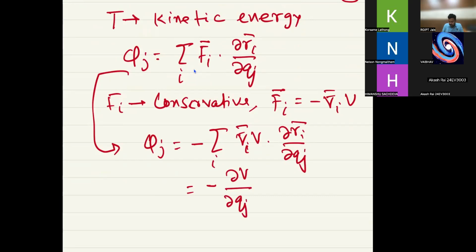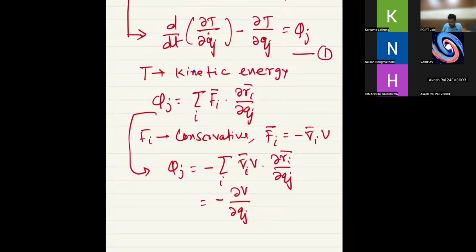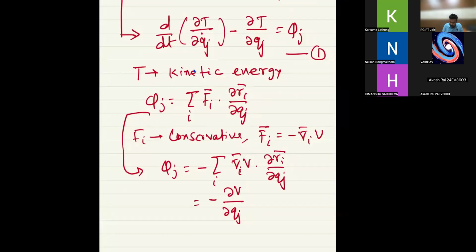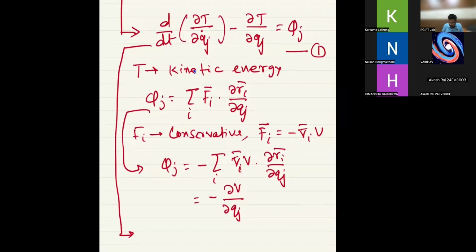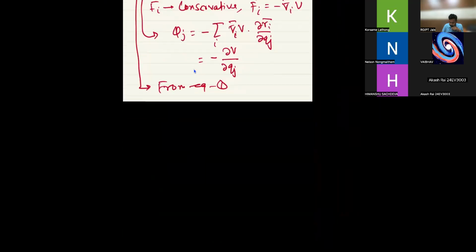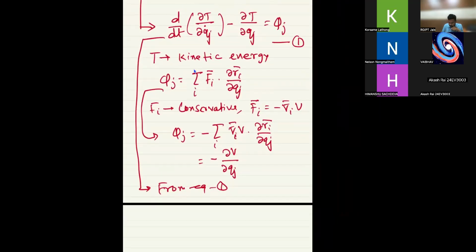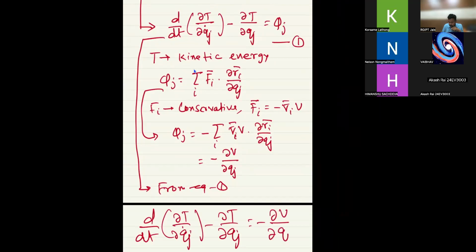If you replace this expression for Qj in equation 1, with Qj equal to minus del V del Qj, then from equation 1 what will we get? We'll get d dt of del T del Qj dot, minus del T del Qj, equal to minus del V del Qj.